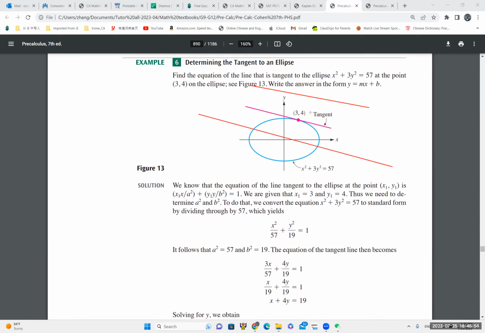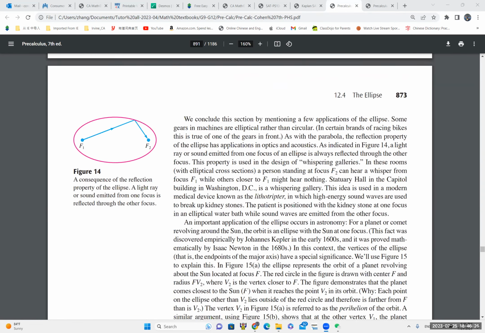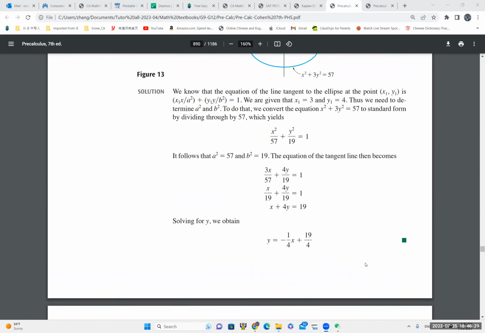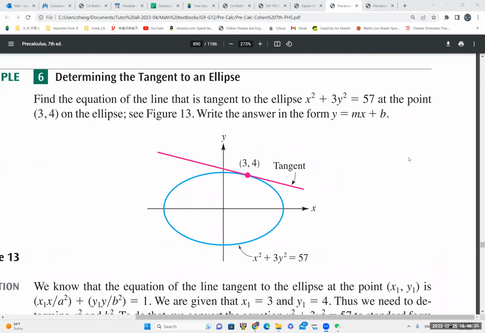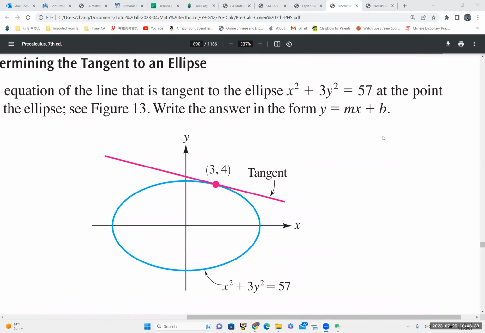Only the tangent line has one and only one solution. Here you may use some formula, right? But if we don't use the formula, can we solve it? Let's see. I think we can.